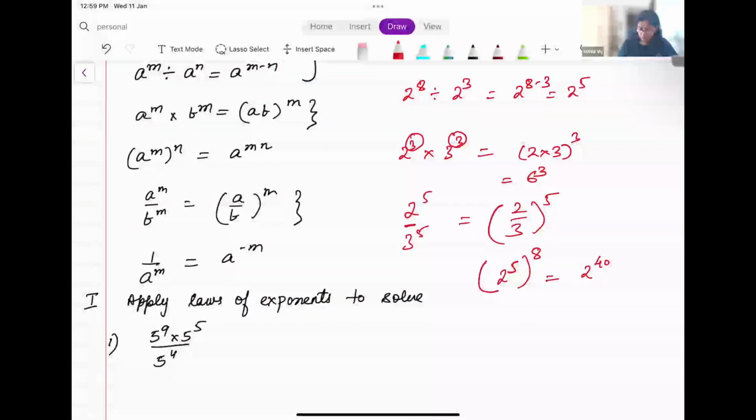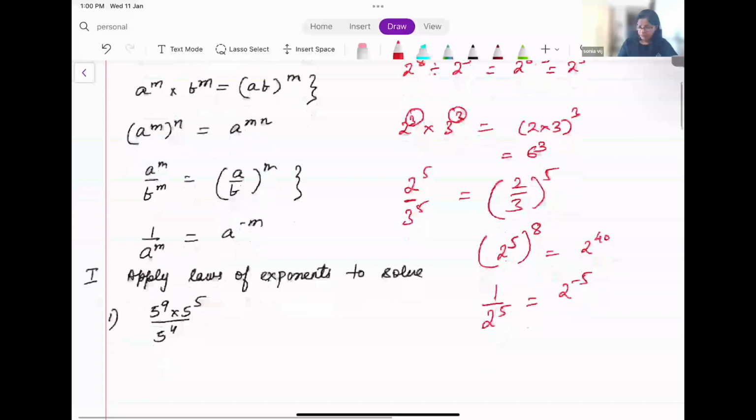Now, 1 upon 2 to the power 5 means 2 to the power minus 5. Same way, 2 to the power 5 means 1 upon 2 to the power minus 5. So both ways you can do, but this second part is not required much. This is used very often. Actually, we are taking the denominator up.